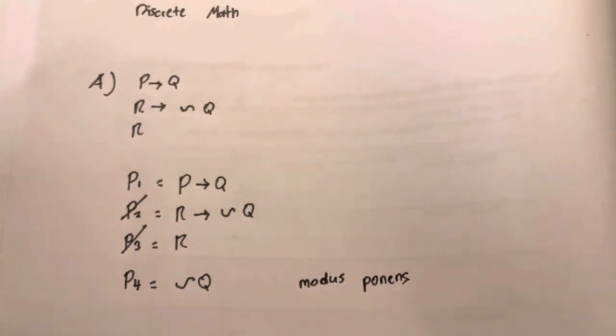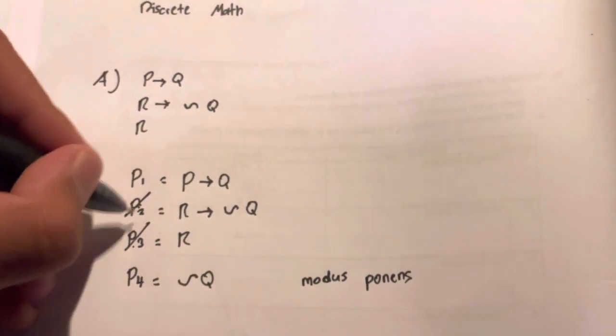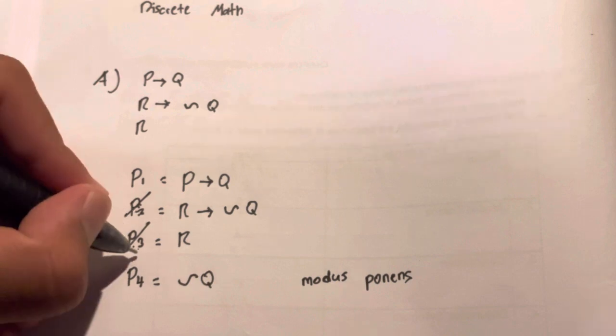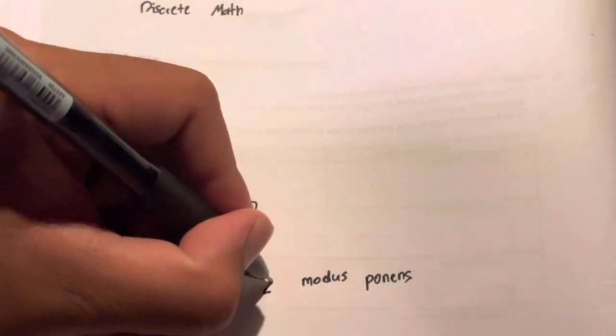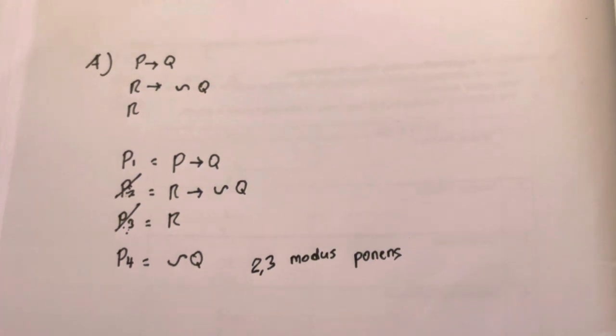After that, we note the rows, P2 and P3, so just put 2, 3, so you can also understand what you are writing.